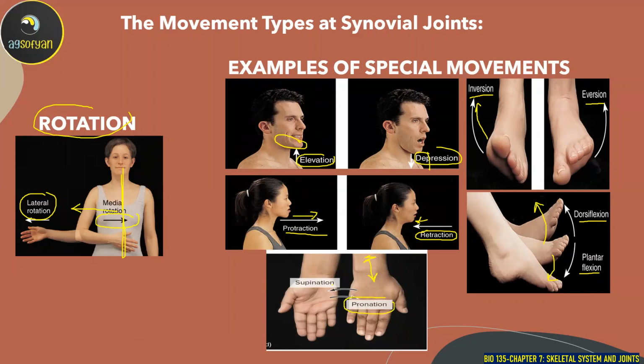If we flip our hand and we show the palm, that movement is called the supination. So when you're flipping your hand and showing the palms, that movement is supination. If you hide the palm, that movement is called the pronation.